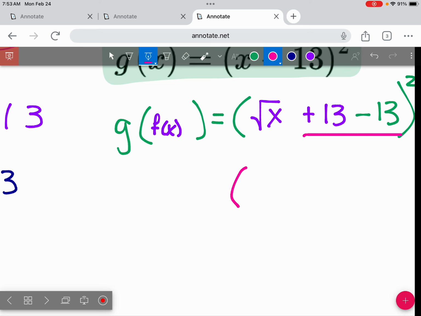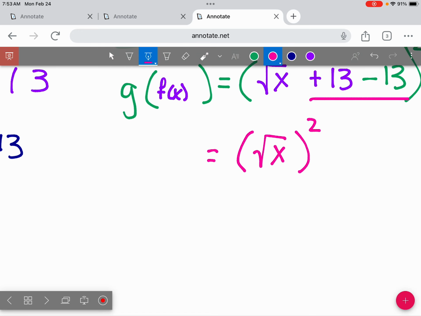So what we get when 13 minus 13 is 0 is the square root of x squared. Because square root of x plus 0 is the same thing as square root of x. So now what happens? The square root and the square cancel out now. So we're left with just x.